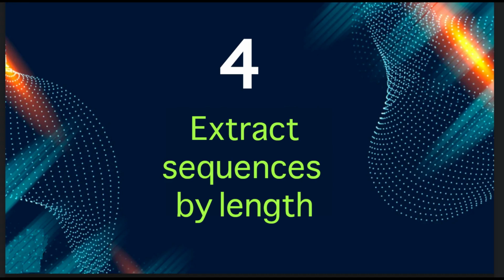Now we will extract only sequences that fulfill a specific condition. Let's say we want to extract only sequences that are longer or equal to 150 base pairs. So what we will do here is say length of sequences is greater or equal to 150, then print name.